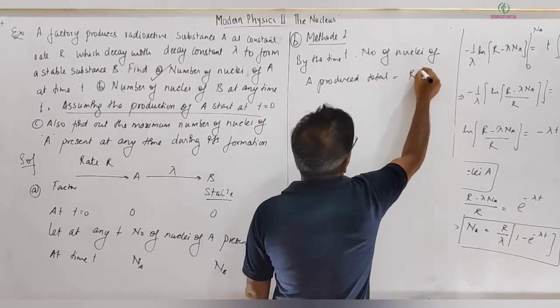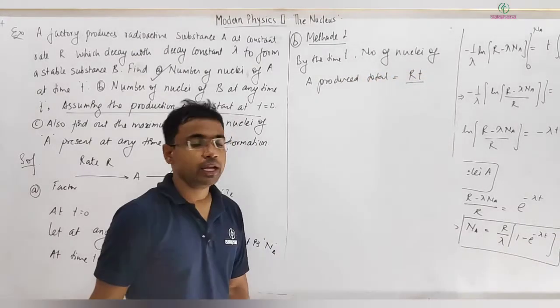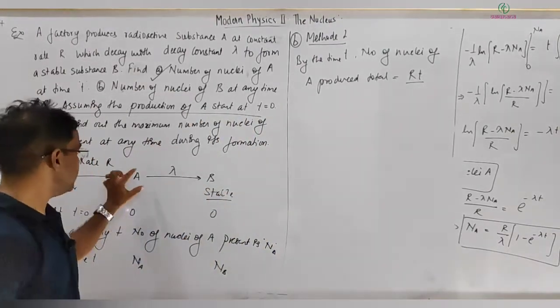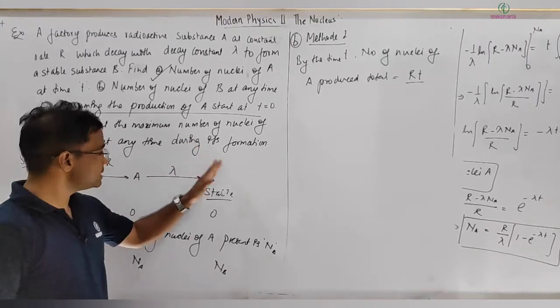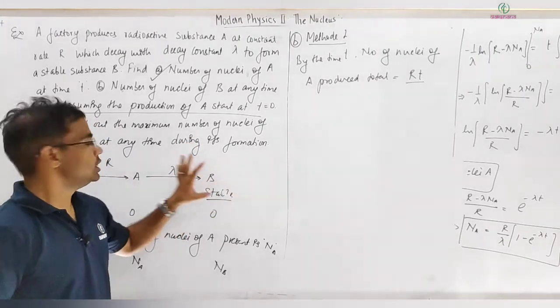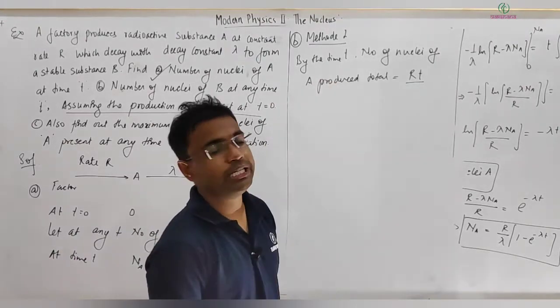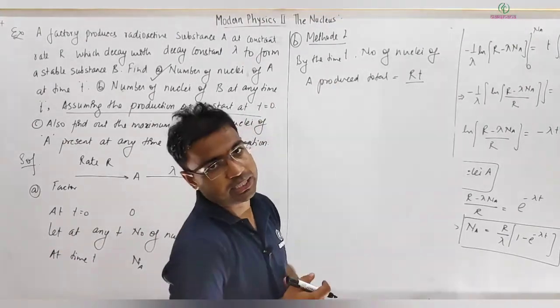This can be written as R into t, right? Ultimately only A is produced, and from A some B is produced. So the total number of nuclei of A produced by time t can be written as Rt.